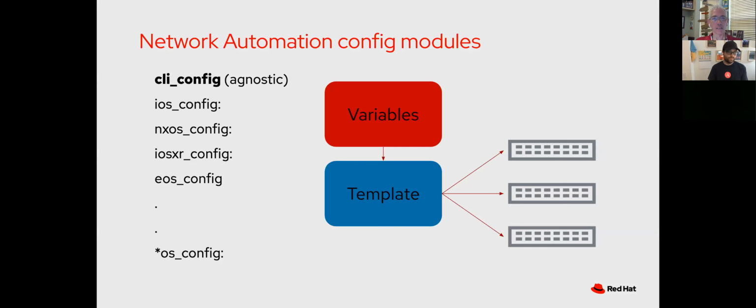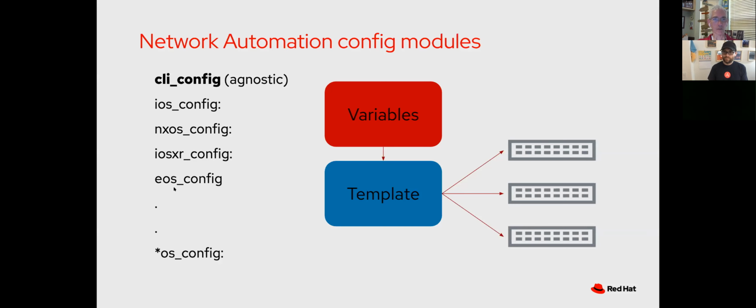There are different ways to pass it off. I think Jerry was talking about earlier, if you look at the different modules for working with networking devices, there's often a more generic way to do it, and then device-specific ways to do things, depending on what you want to do. It's the same thing with configuring.